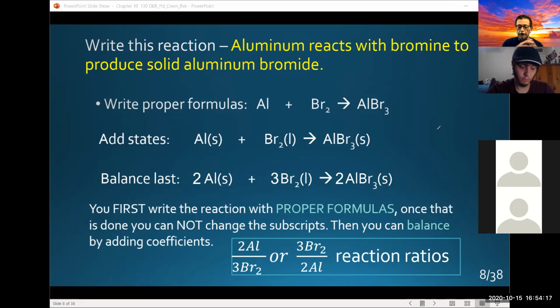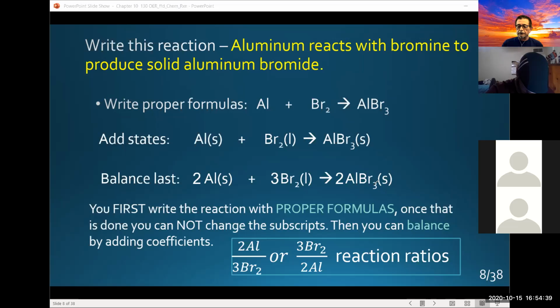Question. Sure, go ahead. So how did you get 3 Br2, because you're balancing it out? Why is the 3 not in the aluminum bromide? Okay, the aluminum bromide already has 3 bromides.